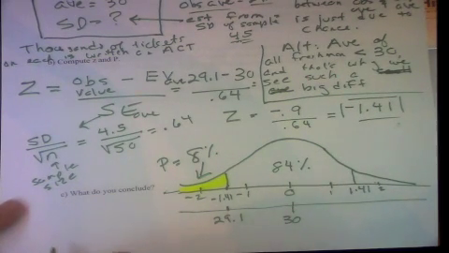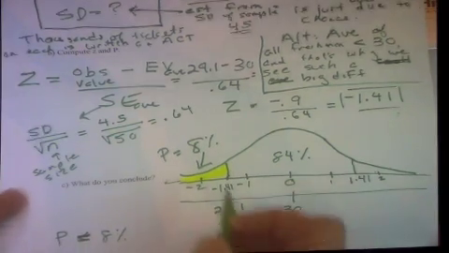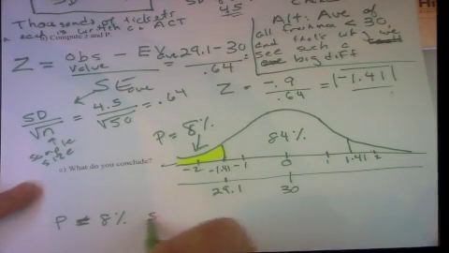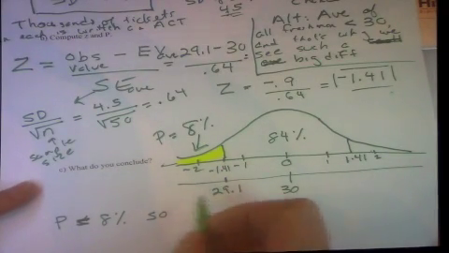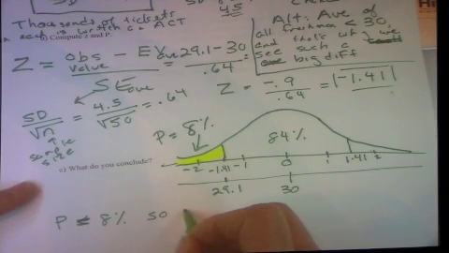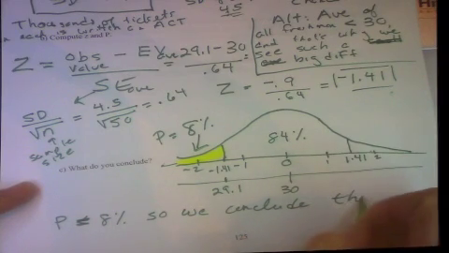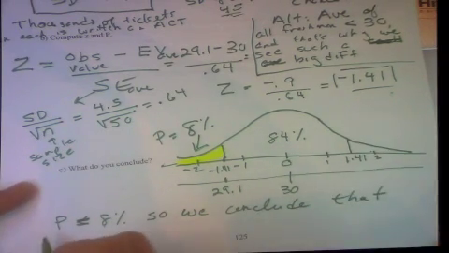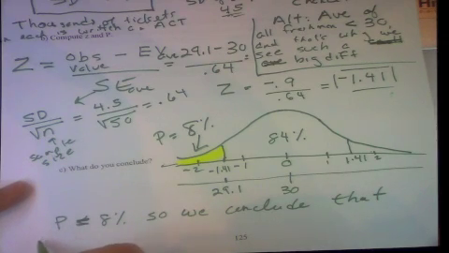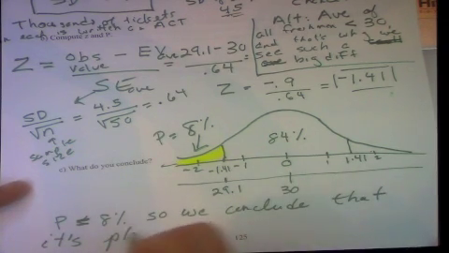So what do you conclude? Well, p is equal to 8%. So we conclude that, usually the language is that it's plausible.